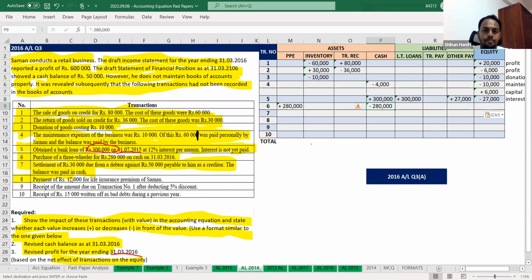Number 7, settlement of 30,000 due from a debtor against 50,000 payable to him as a creditor. So we have a creditor worth 50,000, right? So we pay cash 20,000 and 30,000 we deduct from the debtor.